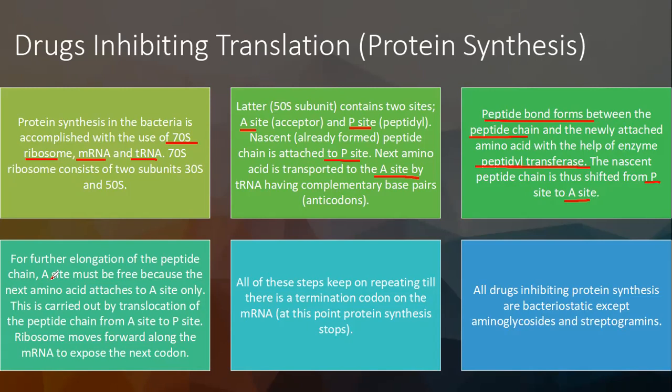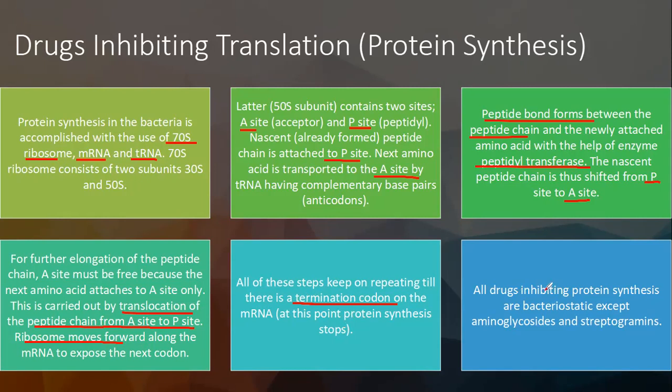So to do this, there must be translocation of the peptide chain from the A site to the P site. The ribosome will move one codon forward so as to expose the next codon, so that another transfer RNA will come, bind to the A site, and the steps are repeated until a termination codon is reached, where protein synthesis stops.